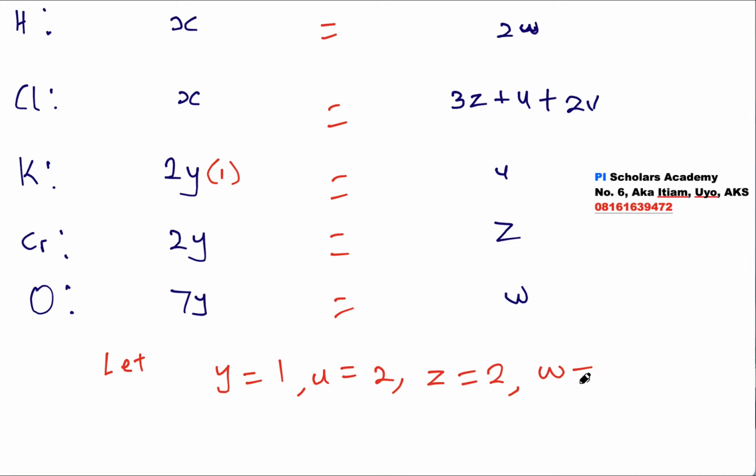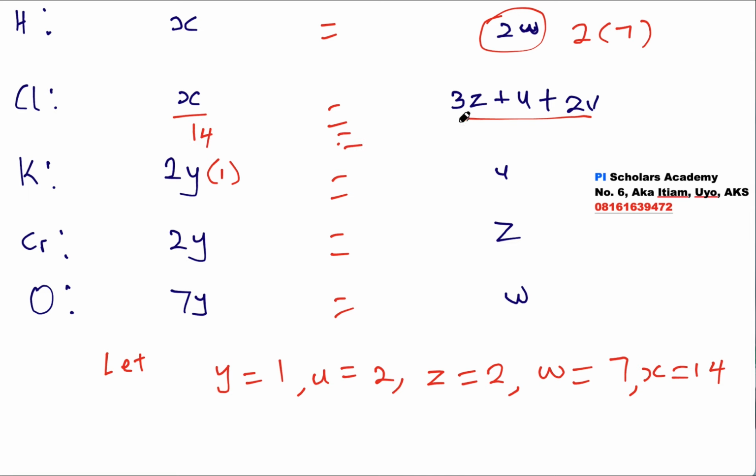In fact, we can get our W, which will be 7 times 1, and it's 7. Now that we have W, this will just be 2 times 7, which means that we can solve for X as well. X is going to be 14. Finally, from this place, I have everything here apart from V. So if you put 14 here, and then this will be 3 times 2, the value of Z that we have gotten, we also have U to be 2, then plus 2V.